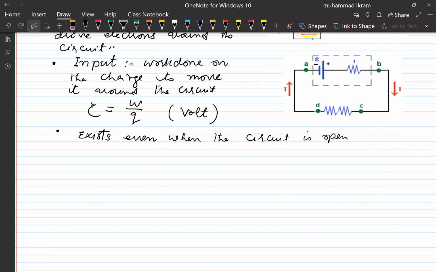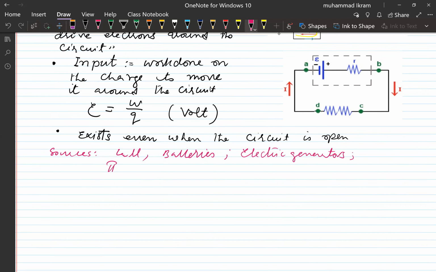And there are electric generators also, which convert mechanical energy into electrical energy.